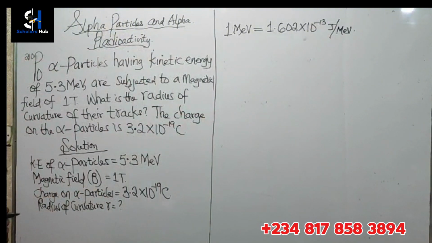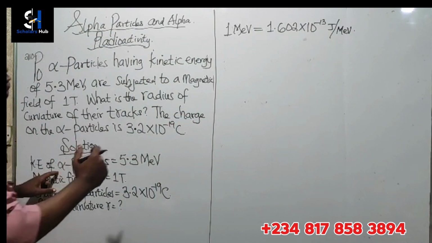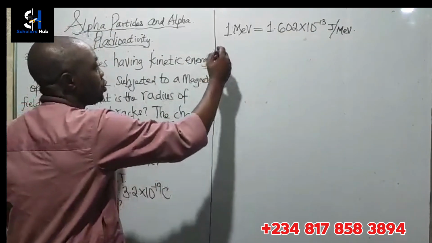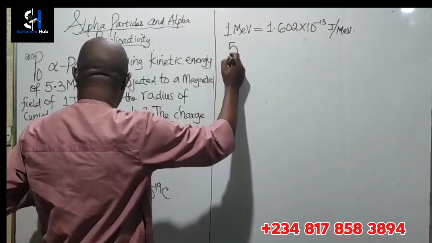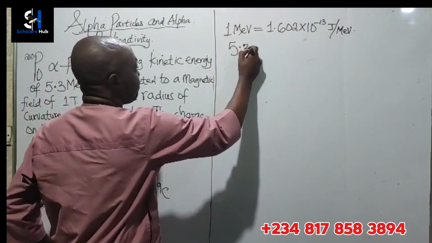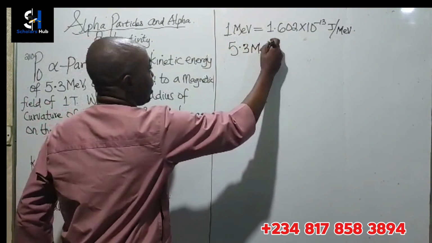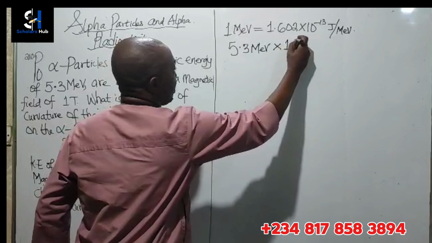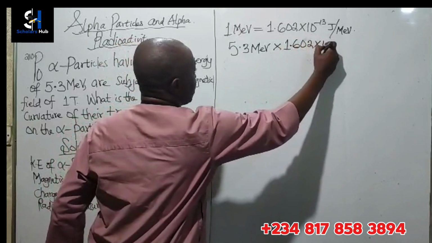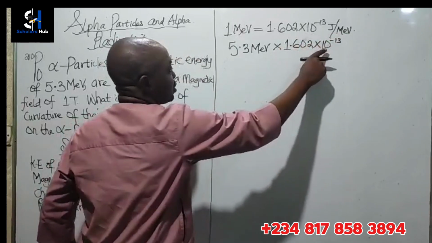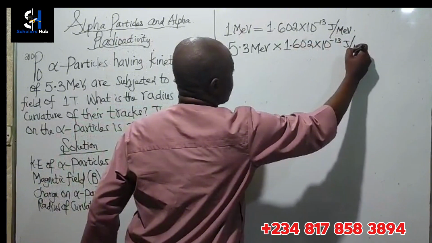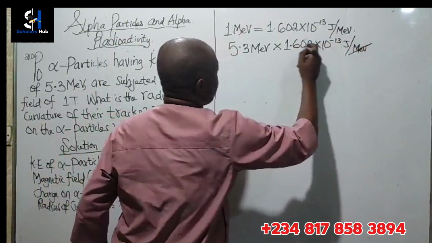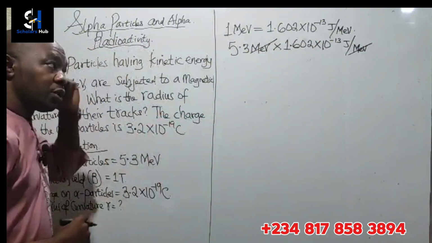So we want to convert the kinetic energy to joules. We then have 5.3 mega electron volts multiplied by 1.602 times 10 raised to the power of negative 13 joules per mega electron volt. The mega electron volts cancel out.